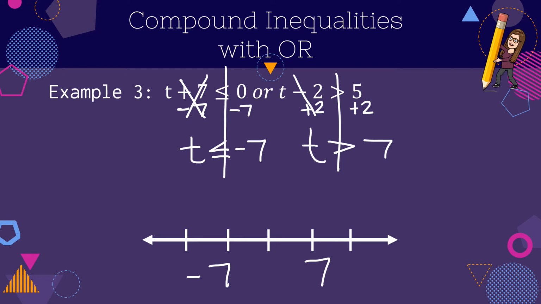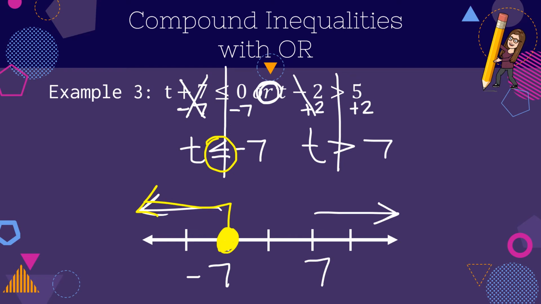So let's take a look at this first one. Notice the word or, right? So I can already assume they're going to go opposite, this way or that way. What I need to work on is the symbol. At -7, we're or equals to, which means shaded in solid, go left. On the second inequality, it's just greater than.